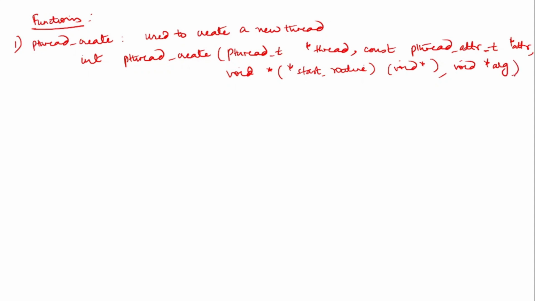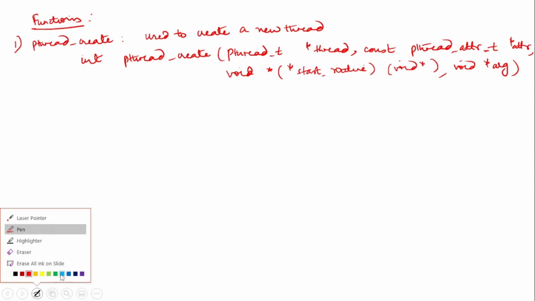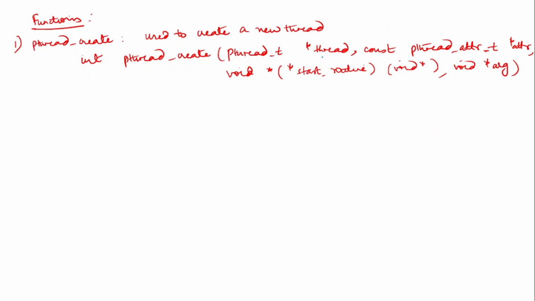So these are the four parameters when we talk about thread create. So what are these four parameters?